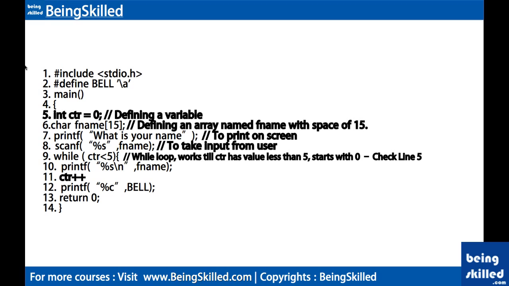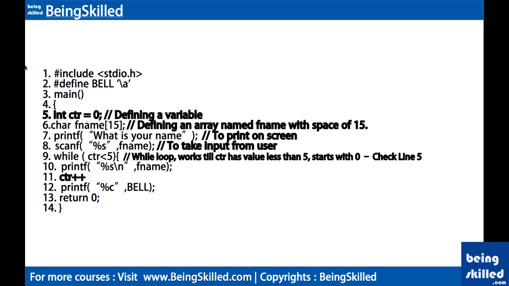Now in line 5 we can see we are defining a variable. First of all we can see int, which means that the variable will be of integer type and it will store integers. Integers means any whole number, so let's say 0, 1, 2, 3 are integers.